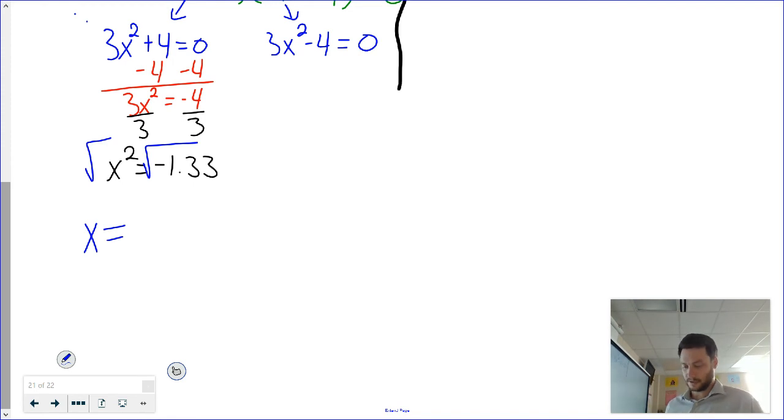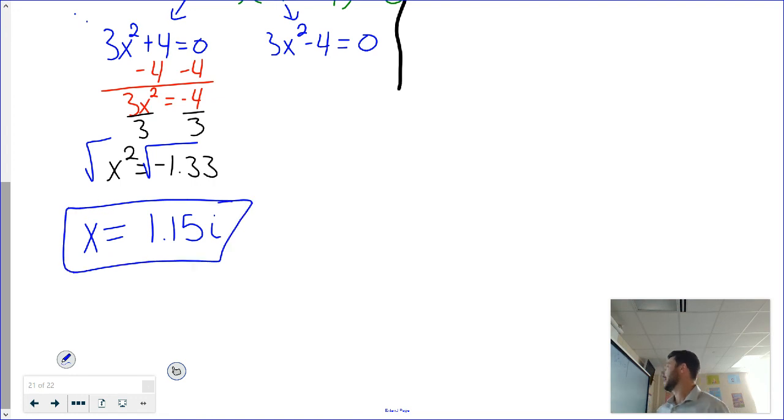The square root of 1.33 is 1.15. And because there was a negative there, we're going to say i. And then for the second part here, it's going to be the same numbers just without the i.